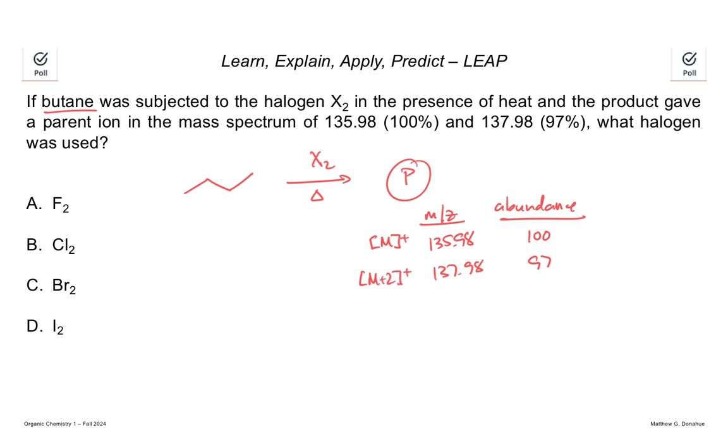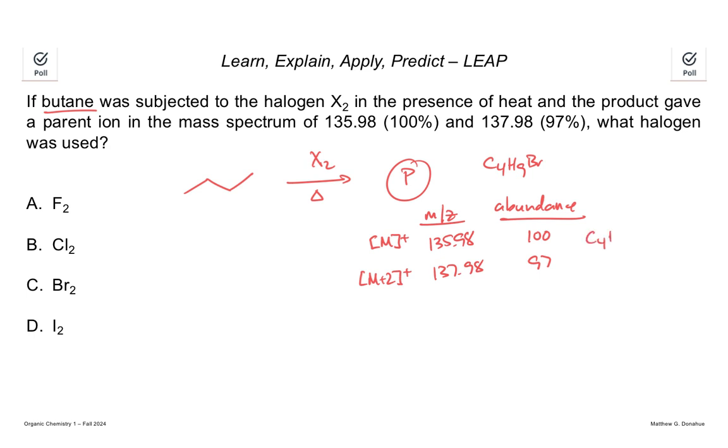From our Module 2 learnings, what halogen would have been used? What is X2 if you get this ratio of M to M plus 2? That's going to be bromine, because this would be C4H9Br, the molecular formula of the product, but again, that bromine has 2 naturally occurring isotopes.